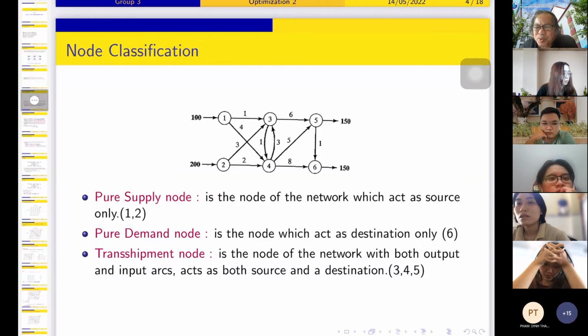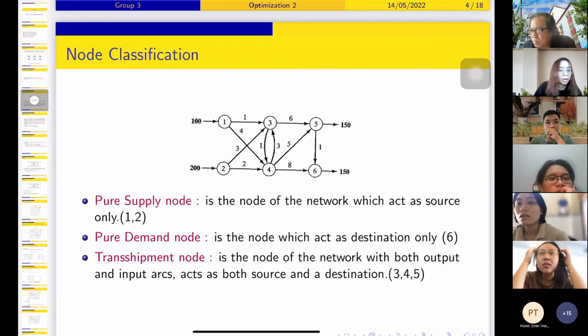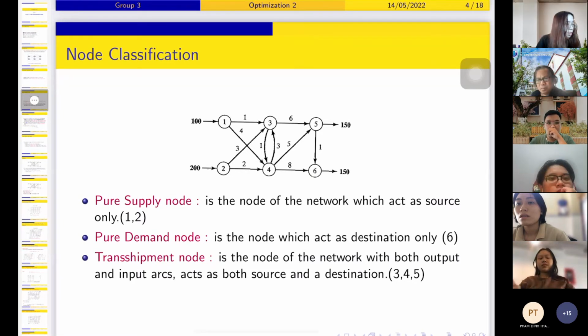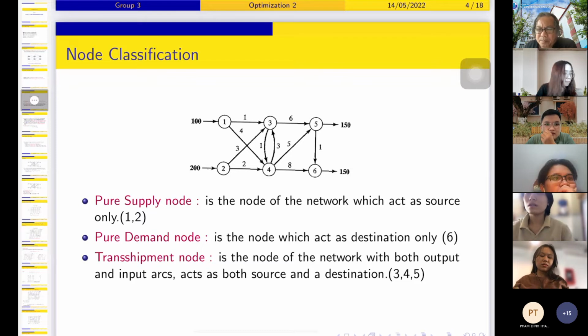So, what is the transshipment problem? The transshipment problem has node 3, node 4, and node 5. Pure supply node. What is the transshipment problem?